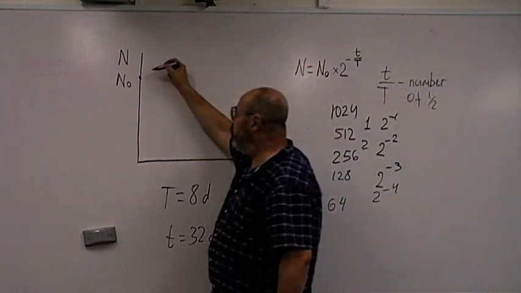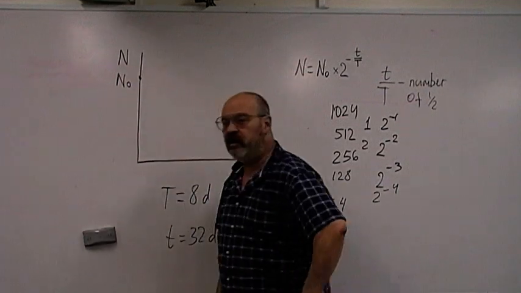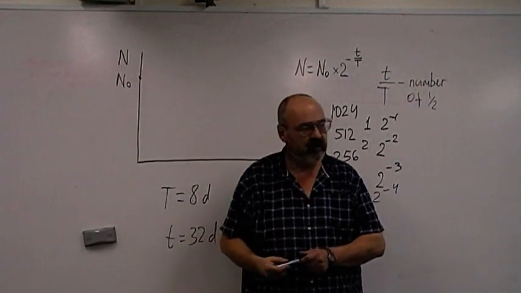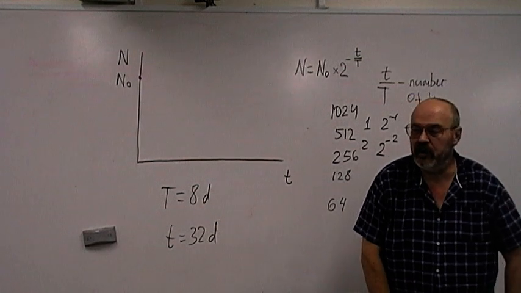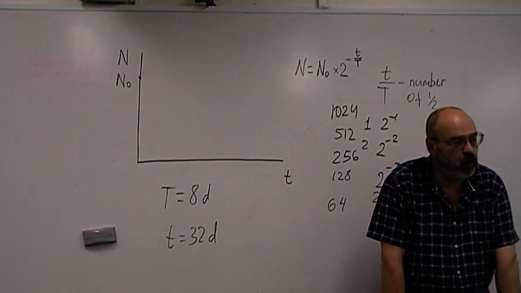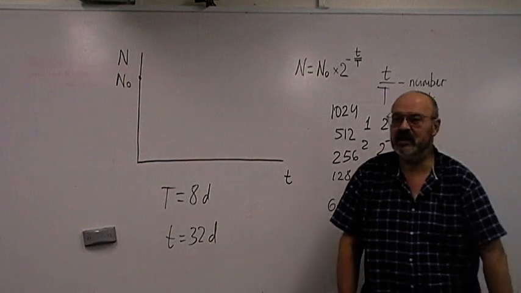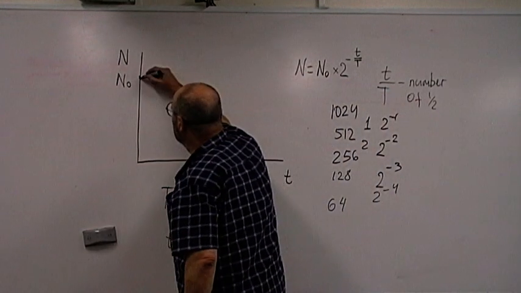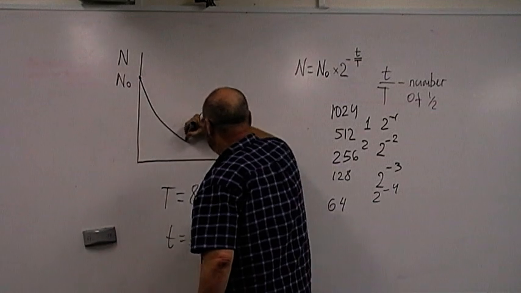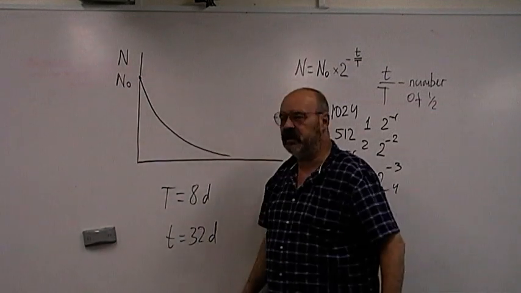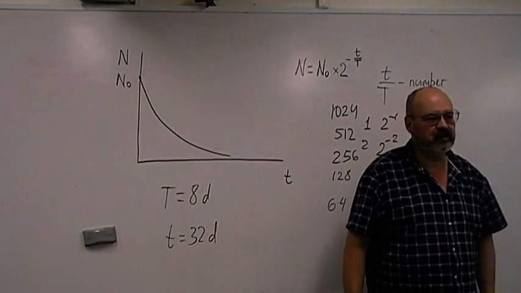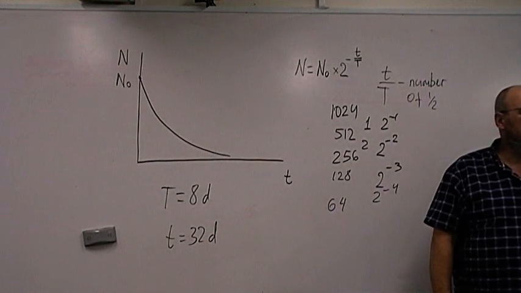And for this graph, at least those who do methods should know what we name this type of graph. Exponential. This graph is called an exponential graph. So that's how it will look over time.